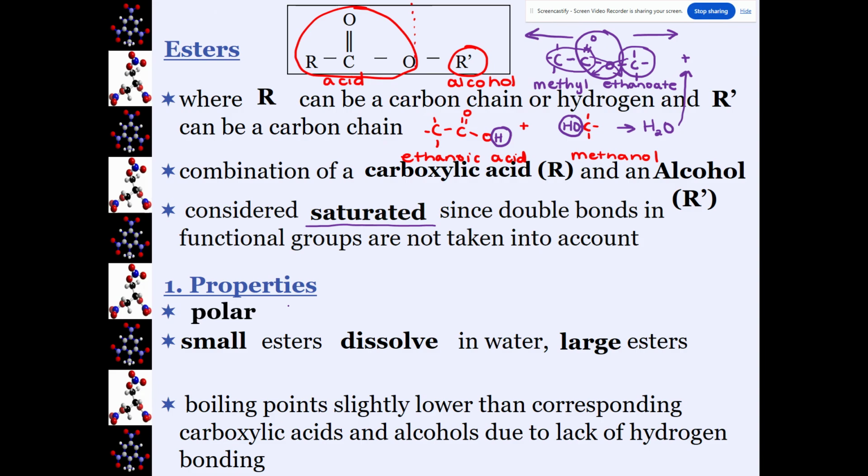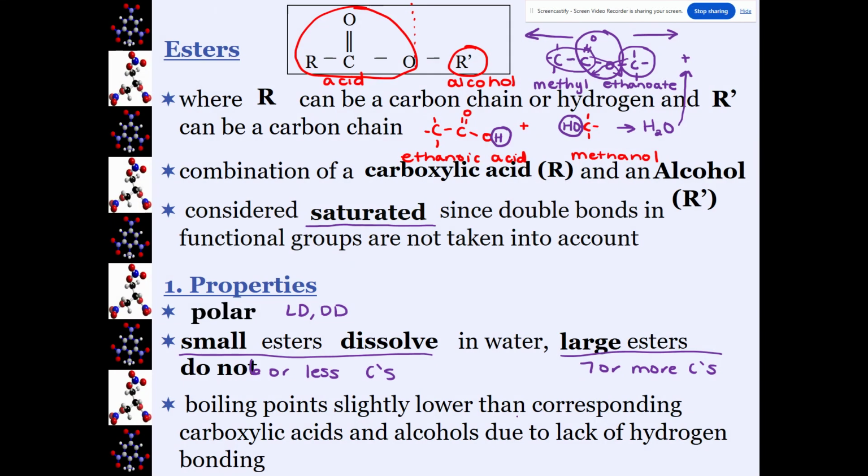So although they have London dispersion and dipole-dipole, their solubility depends on their size. Small esters are 6 or less carbons in total, large esters are 7 or more carbons in total. Small will be soluble, large will not.